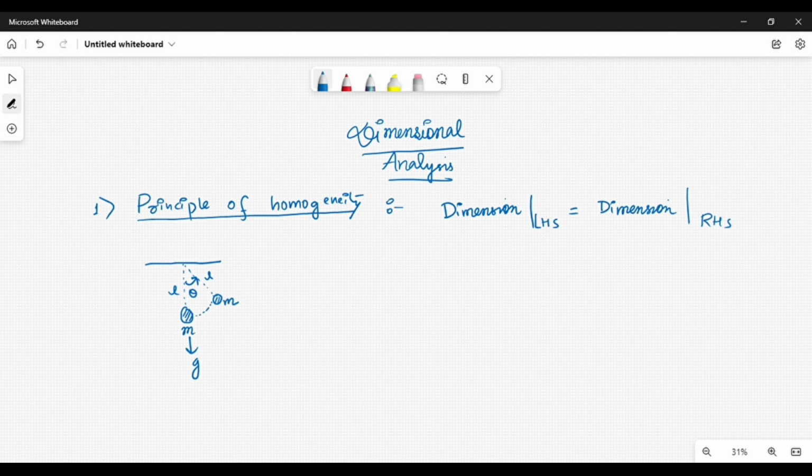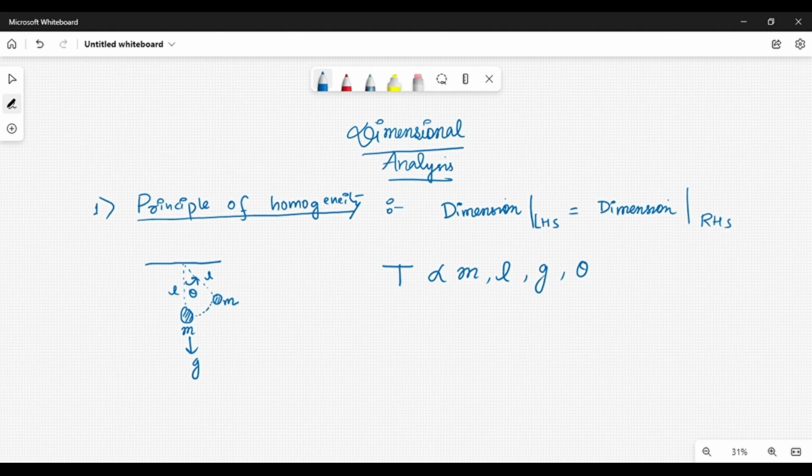Now, by intuition we can say that the time period of this pendulum may depend on the mass of the bob, the length of the string of the pendulum, the acceleration due to gravity, and the displacement of the pendulum, that is the oscillation angle theta.